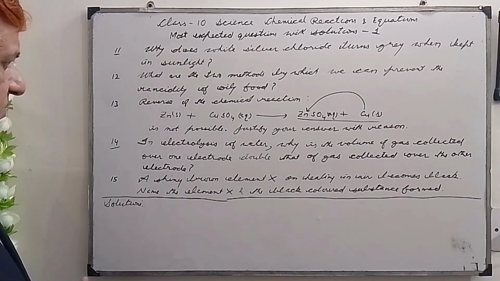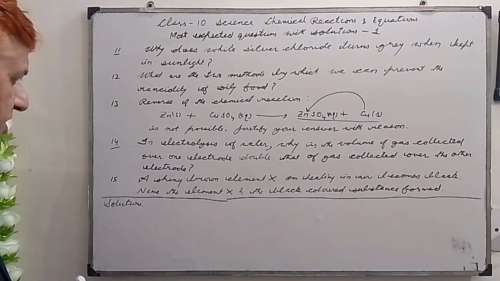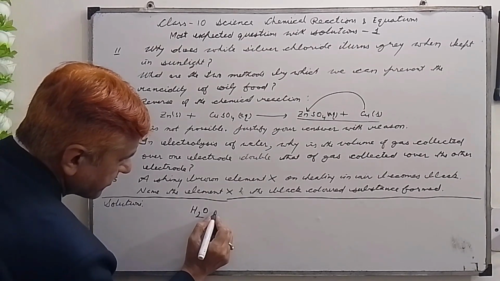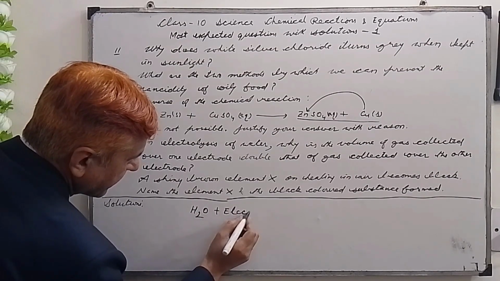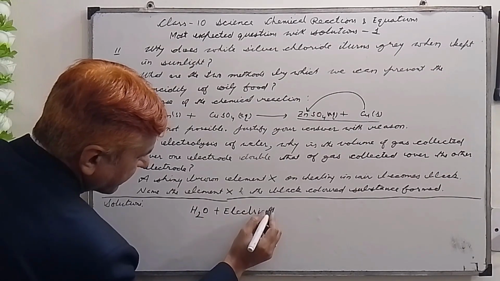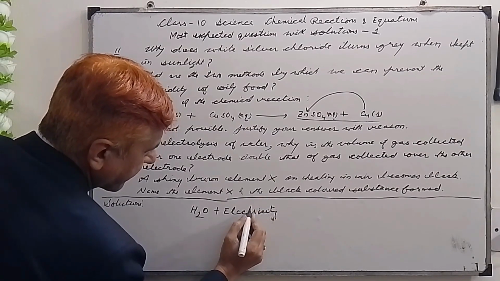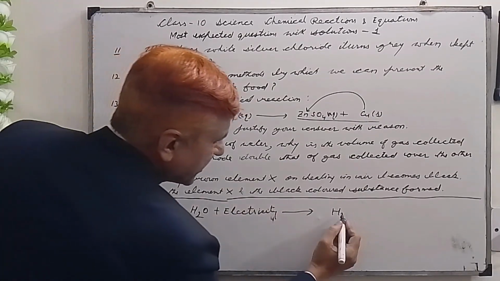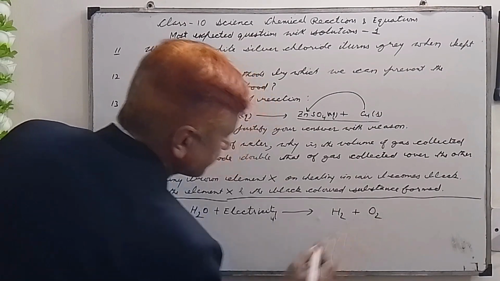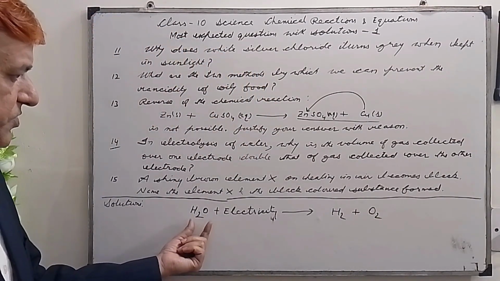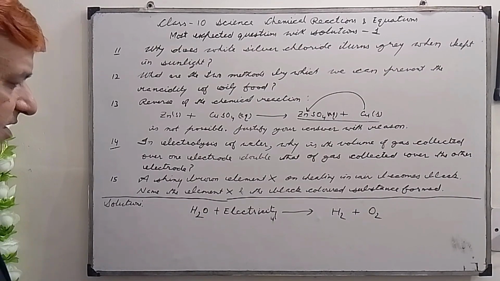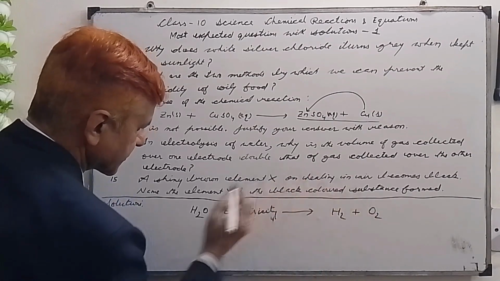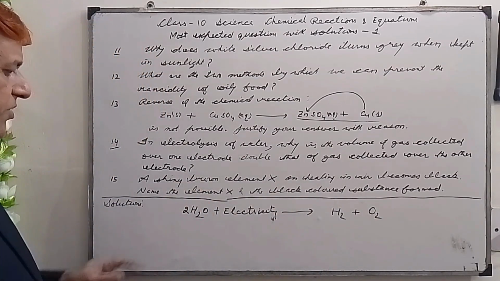So my dear students, what is electrolysis? Electrolysis of water is a decomposition reaction using electricity. It decomposes into hydrogen plus oxygen. Now you should balance this chemical reaction. Oxygen is 2, so we multiply here by 2. Oxygen is balanced.